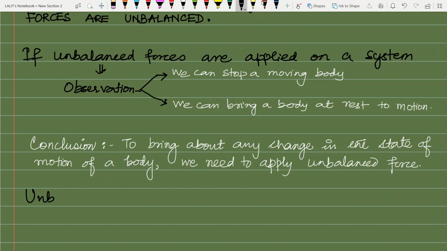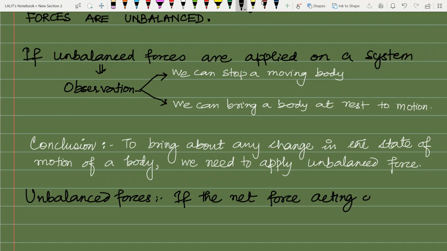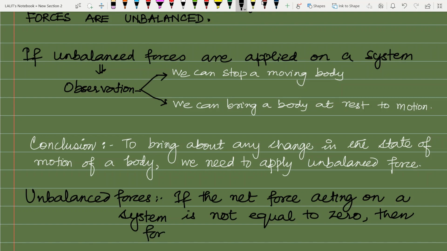Unbalanced forces means if the net force acting on a system is not equal to 0, then forces are said to be unbalanced.